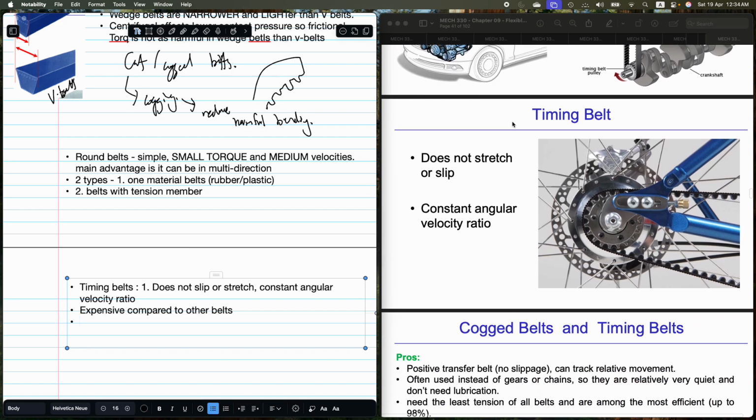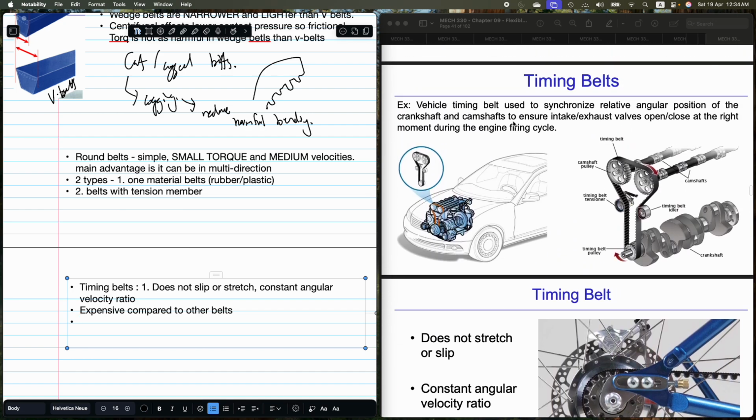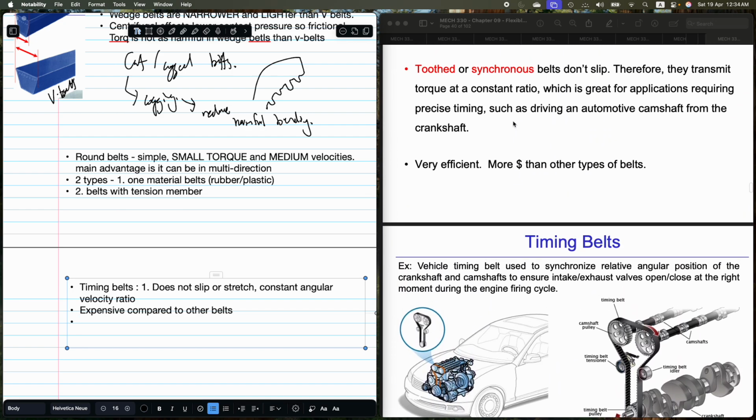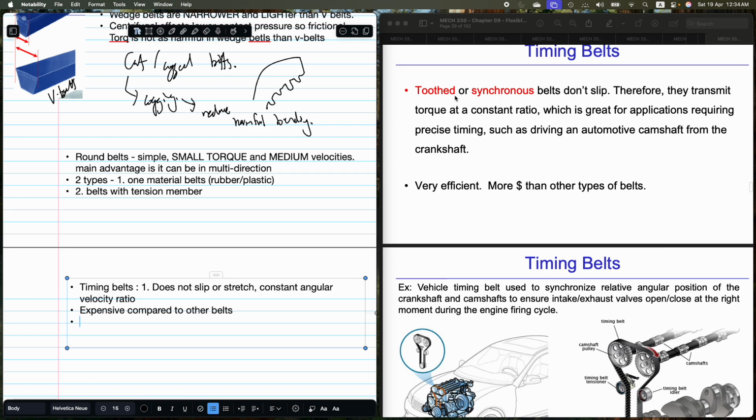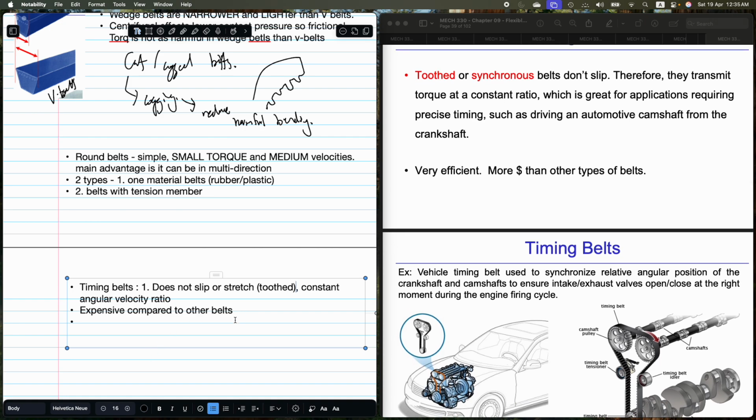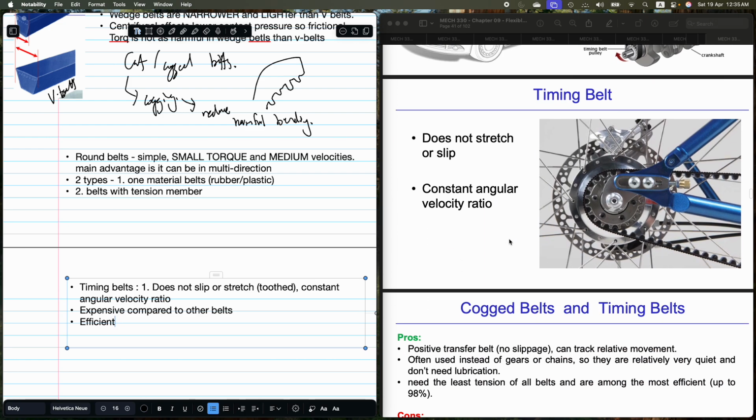We said that toothed or synchronous belts don't slip. I'm going to write why they don't slip, because they are toothed. Okay. Very efficient. Alright, cool.